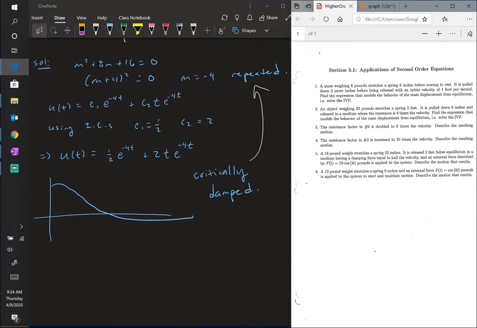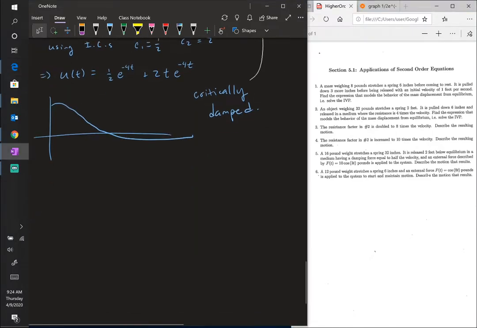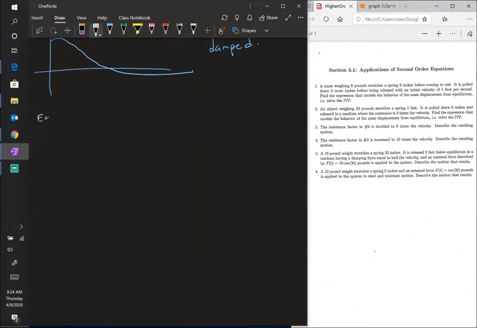Number 4, it says just change the air resistance to 10 times the velocity. So B is equal to 10. Then our differential equation is u'' + 10u' + 16u = 0. u(0) is still 1/2. u'(0) is still 0.